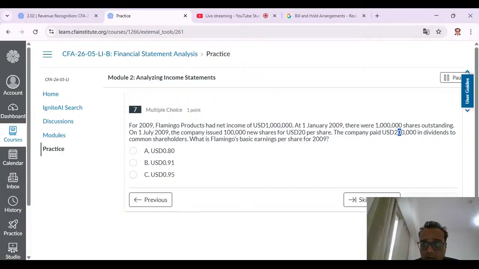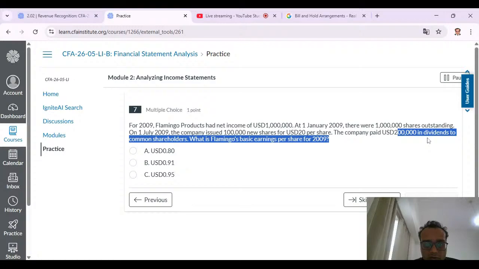The company paid dividend to the common shareholders. Basic EPS per share. Okay, we want basic EPS per share.